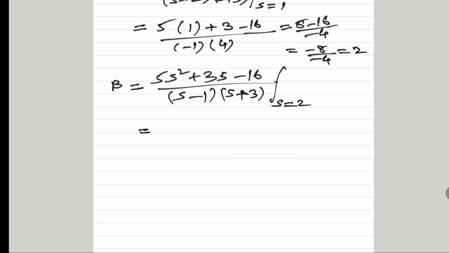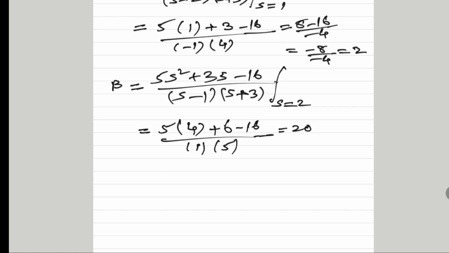And therefore substituting s is equal to 2, we get 5 into 2 square is 4, 3 into 2 is 6, minus 16, divided by 2 minus 1 we get 1, and 2 plus 3 we get 5.